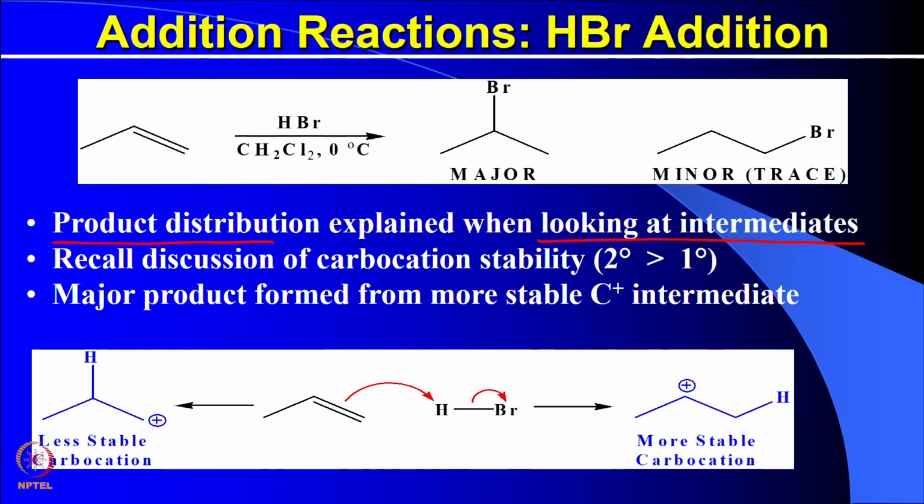So if you have this compound, you try to add H plus. If H plus is added to carbon number 1, you get this carbocation. If H plus is added to carbon number 2, you get a different carbocation.